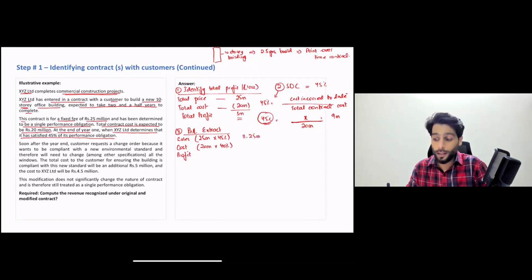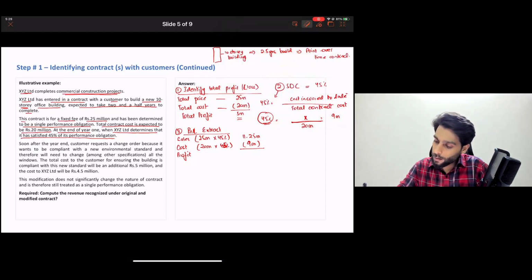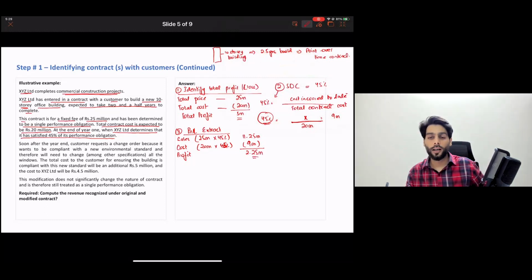And the cost would have been 45% of 20, that would have been 9 million. So the profit would have been 2.25 million. All right, this is how it would have been done.